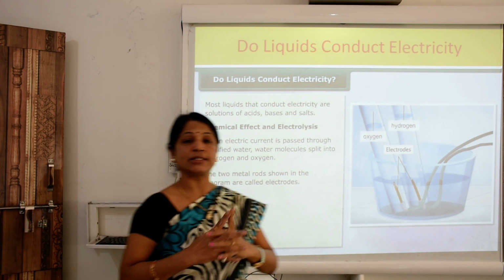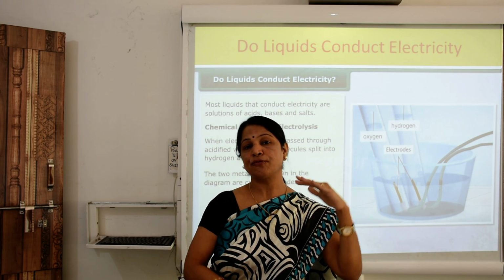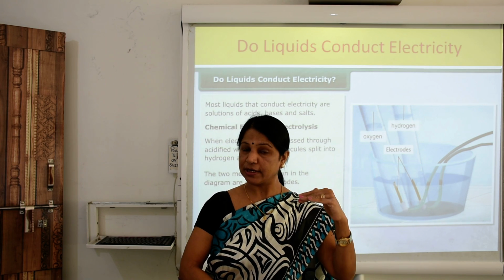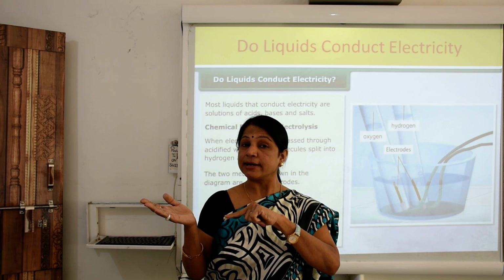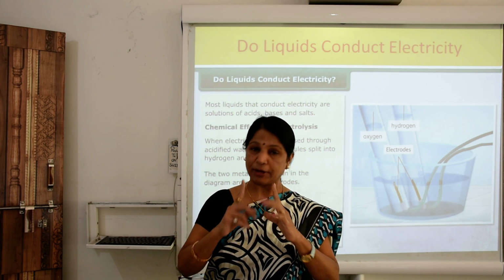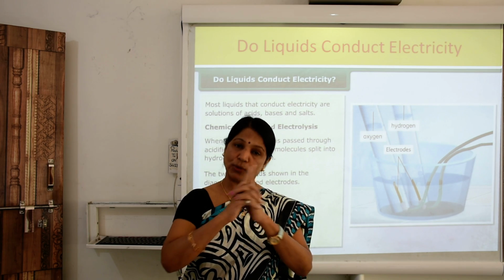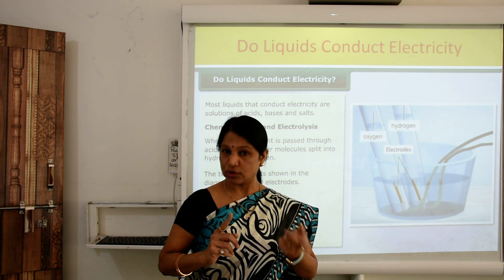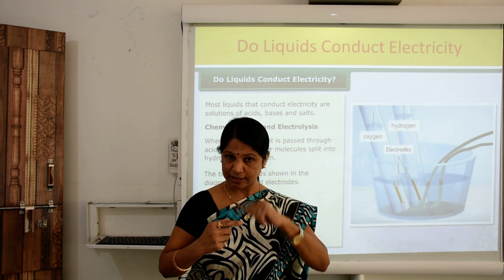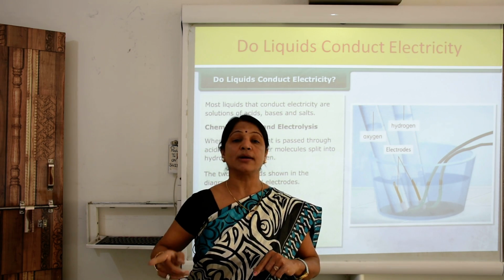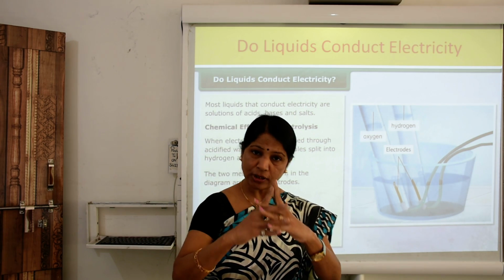Students, there are two types of liquids: a few are good conductors of electricity and the others are poor conductors. Very simply, where current passes through a liquid, that is a good conductor. Where it does not pass, it is a poor conductor, it may be an insulator.